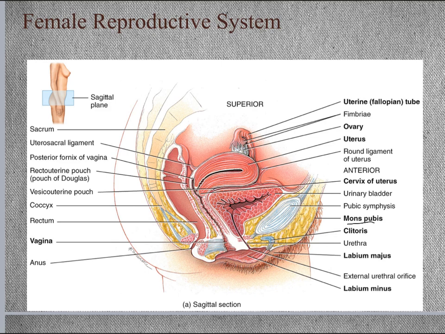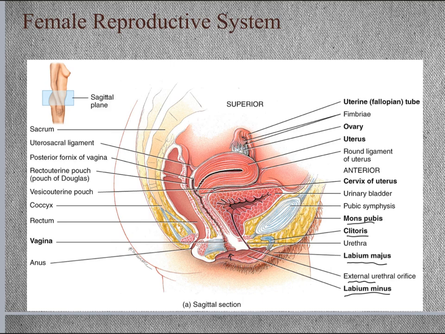The mons pubis, being this fatty outer vaginal pouch, the clitoris, the labia majora, the labia minora. We have our openings, our external urethral orifice, our vaginal orifice or canal. We have our anus in the posterior aspect over here. So that's pretty much our external anatomy.